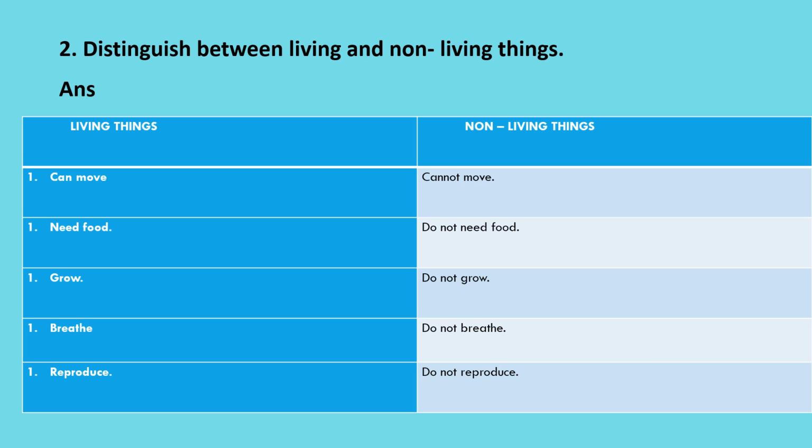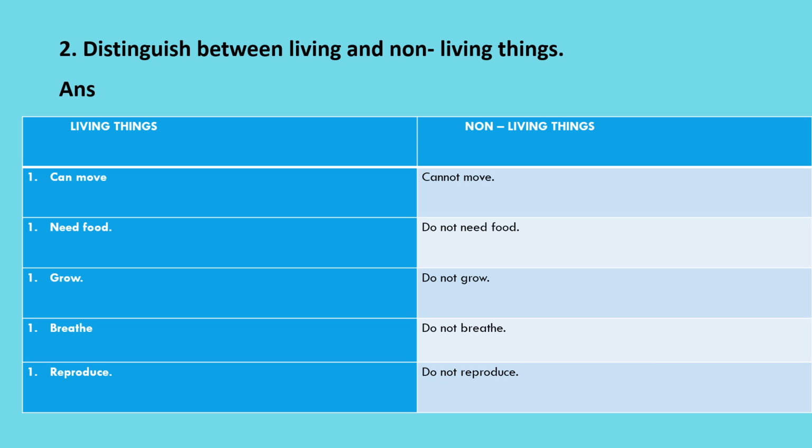For example, humans and animals move from one place to another, and non-living things like your sofa or your bed, have you ever seen them moving? No. So, living things can move, but non-living things cannot move.